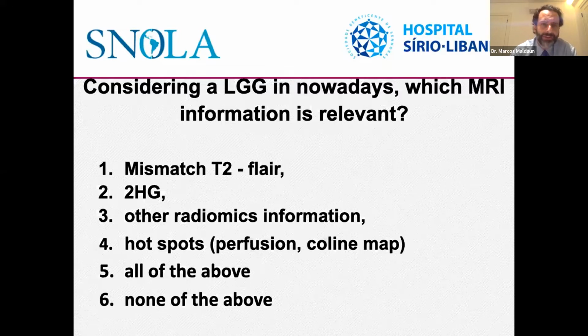Do you guys think nowadays which MRI information is more relevant for our decision? Maybe the mismatched T2 FLAIR, the spectroscopy with the band 2HG, trying to have the information of whether this is an IDH mutated tumor or not, other radiomics information, or just looking for hotspots based on perfusion and choline met.